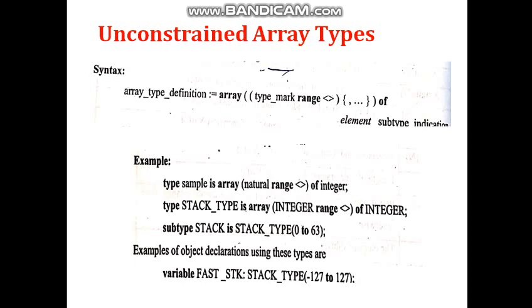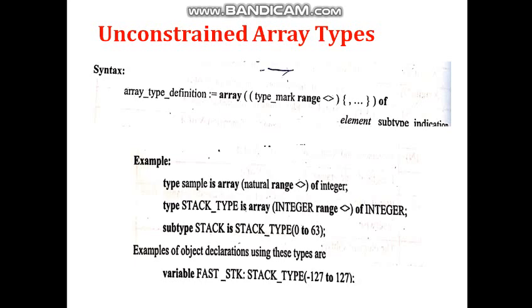The stack type is defined to be an unconstrained array type that specifies the index of the array as an integer type and the element type as integer. The stack is a subtype of the base type stack_type with a specified index constraint. And the variable declaration for fast_stk is defined to be of type stack_type. It also specifies an index constraint.